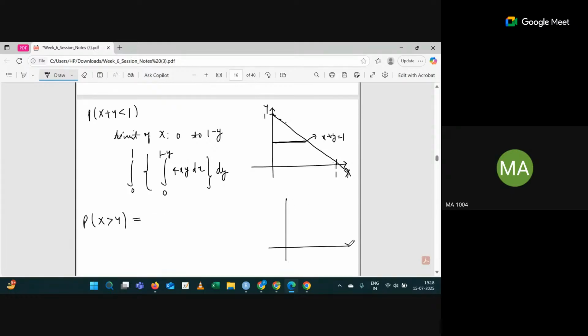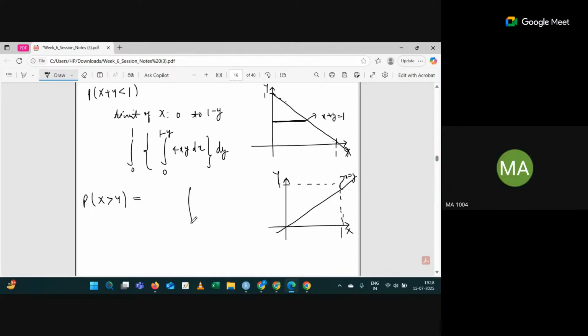The same graph, this is x, this is y. I will draw a line x equal to y, right? Suppose this is 1. I'm just doing a quick revision, the same thing we did. What is the limit of x here? y to 1.